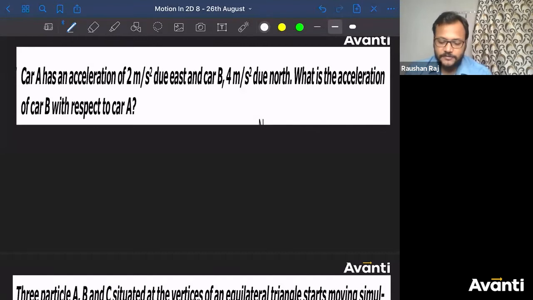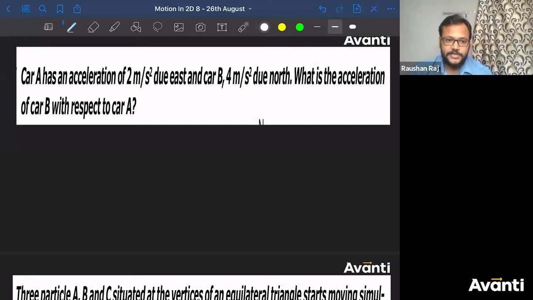What is the acceleration of car B with respect to car A? Let us see how many of you can get the correct answer here. You have to tell the direction as well.